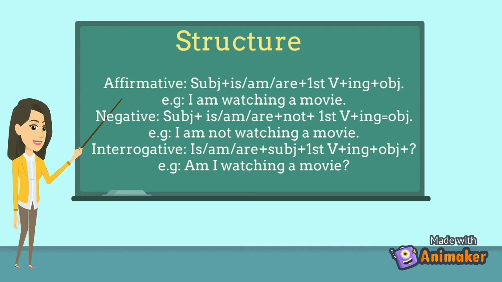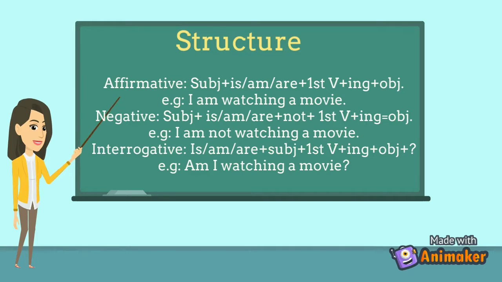Now, first of all, the structure of affirmative is subject plus helping verb plus first form with ing plus object. For example, I am watching a movie. I is the subject, am is the helping verb which is used with I in present continuous tense.